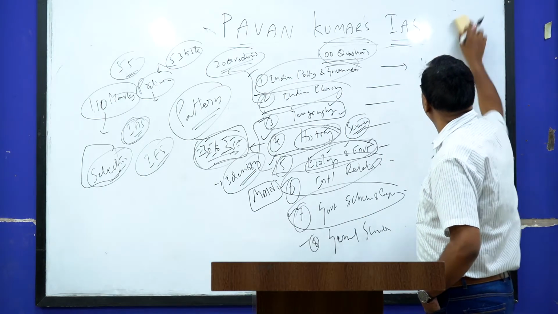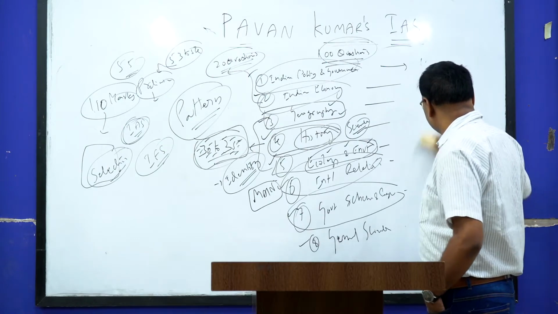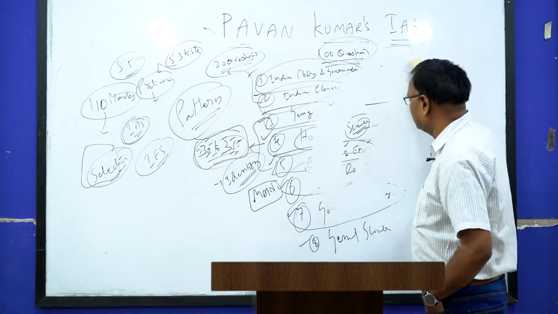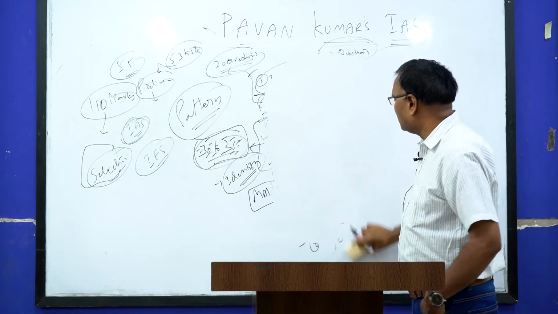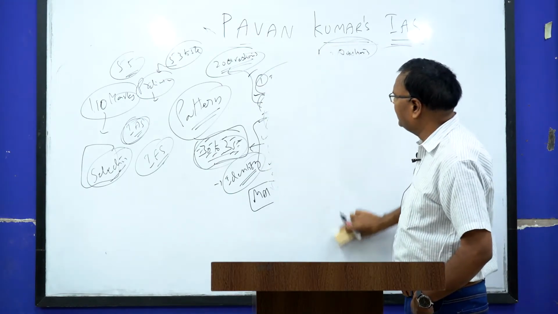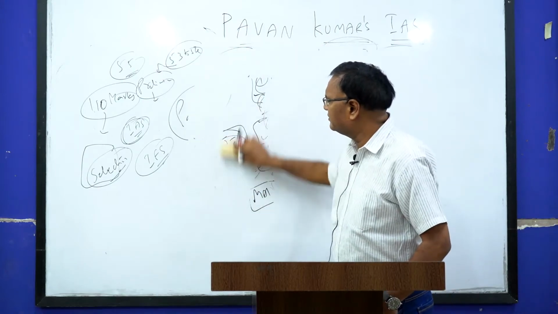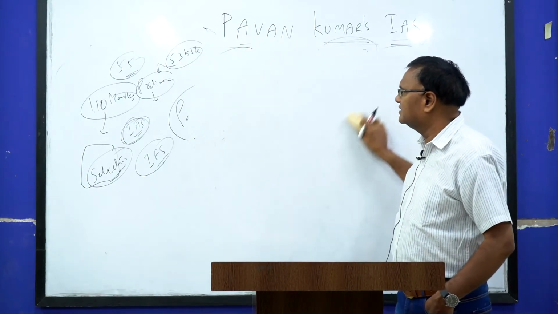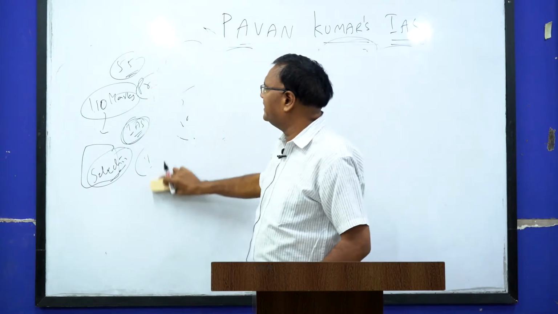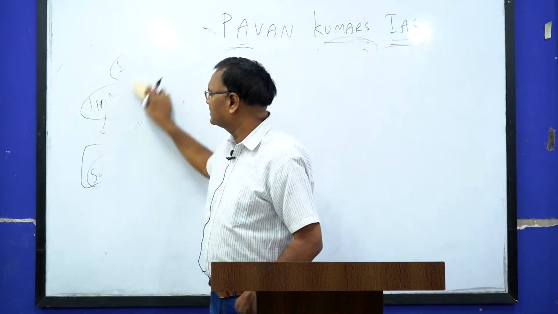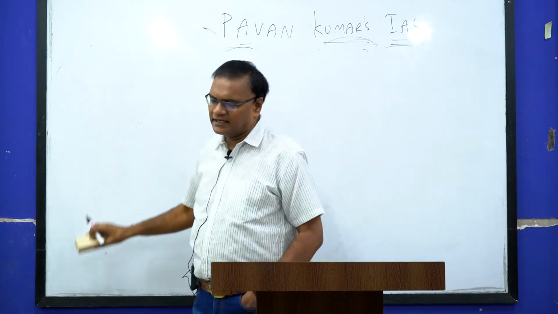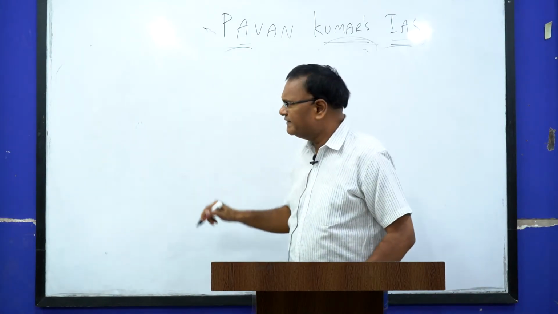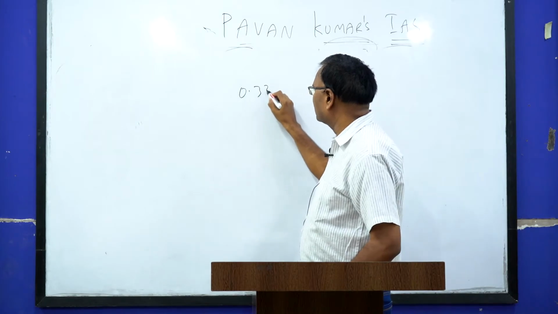Now moving forward, let us look at the next stage in the examination process. What you must remember is that this preliminary examination is only of a qualifying in nature. That means you have to only clear the examination even by 0.33 marks.